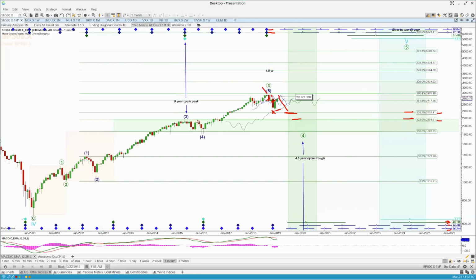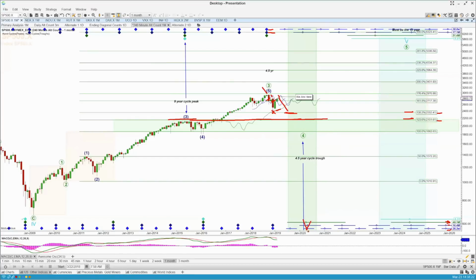And as I say, the top of the support zone that we drew using Constance Brown's work also ties in with the price area of support and resistance at 21.51 in the S&P 500. So that's what I'm expecting to see.